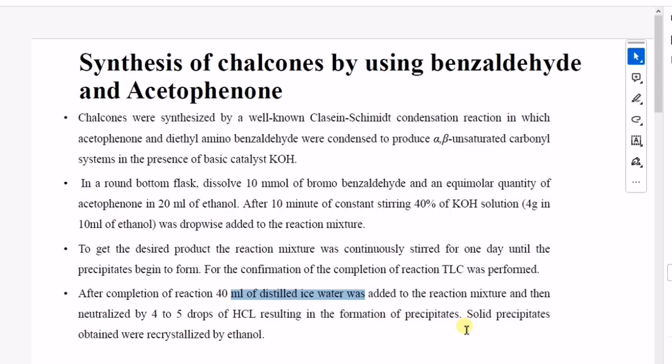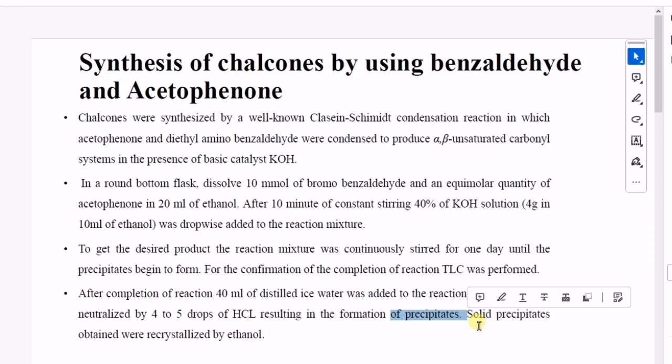Okay, then the solid precipitates that are formed, you have to filter those precipitates and then leave them to dry. When these solid precipitates are completely dry, then you have to do recrystallization.